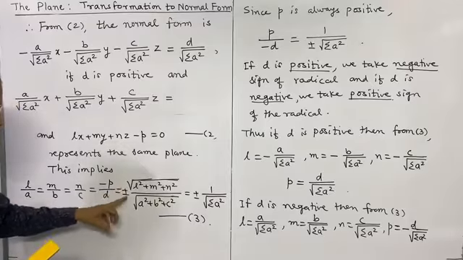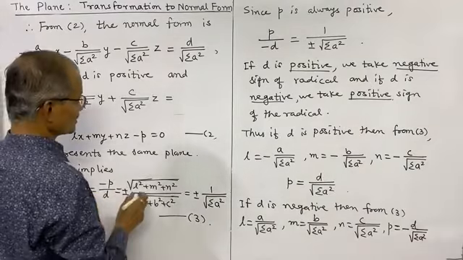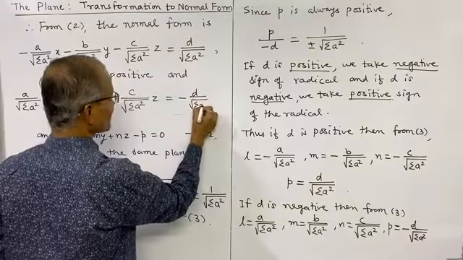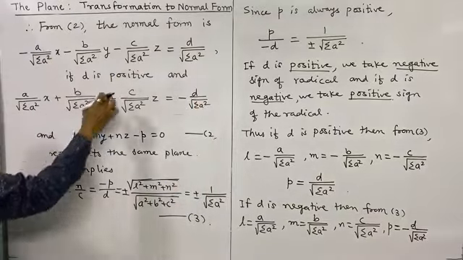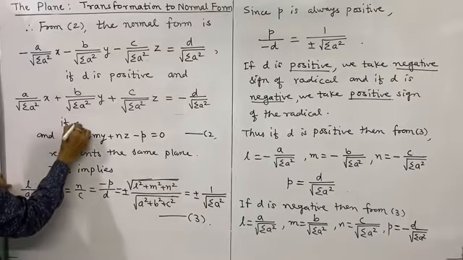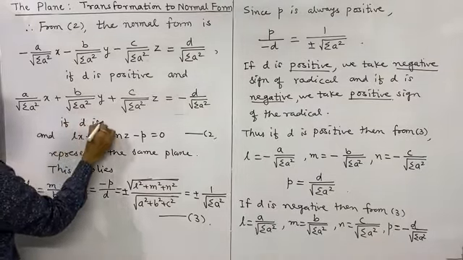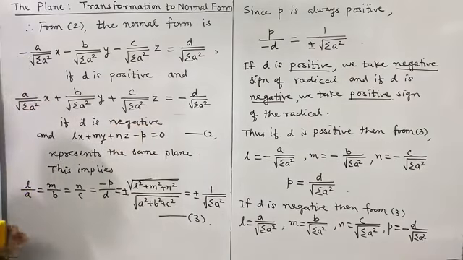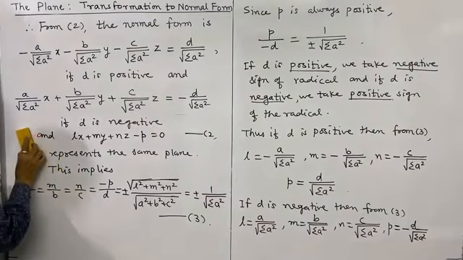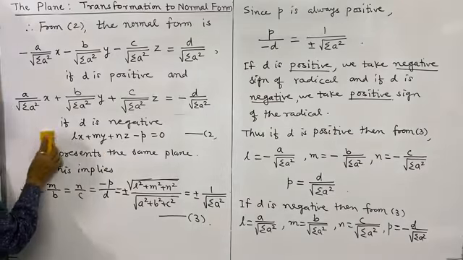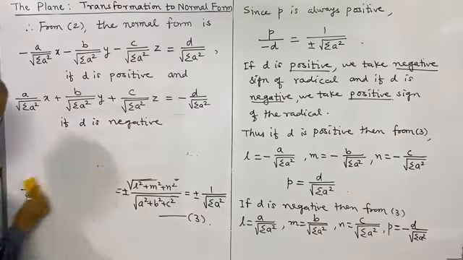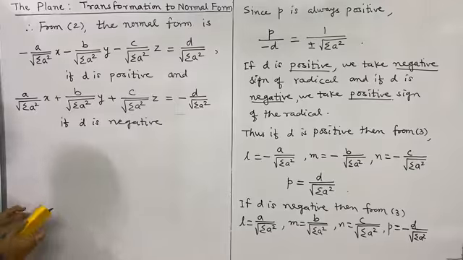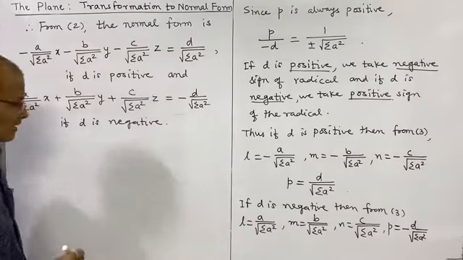So it is negative D divided by the square root of summation A square. That is the case if D is negative, and thus we have transformed equation 1, which is in general form, to the normal form, and this is the equation of plane in normal form.